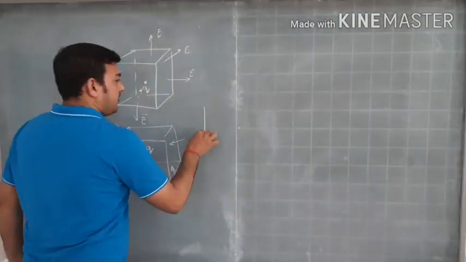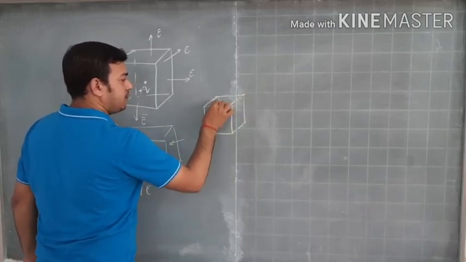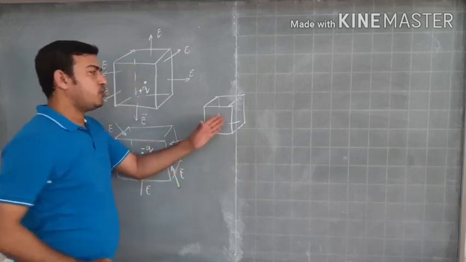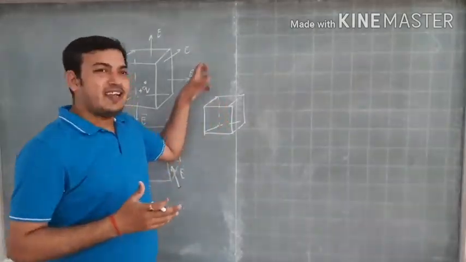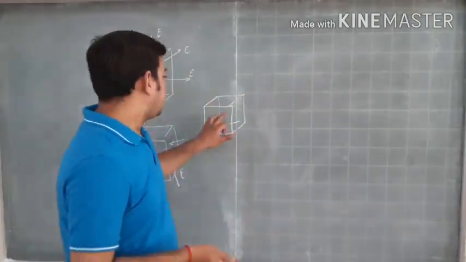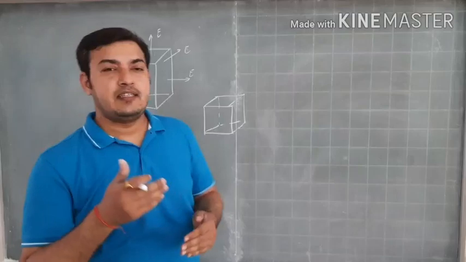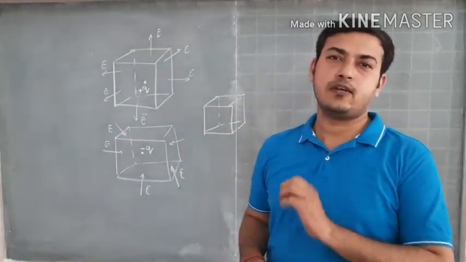Now if I take a box that is completely empty and there is no charge inside, the electric field lines will neither enter nor go out of this box, and we say that the flux associated with this box is 0.